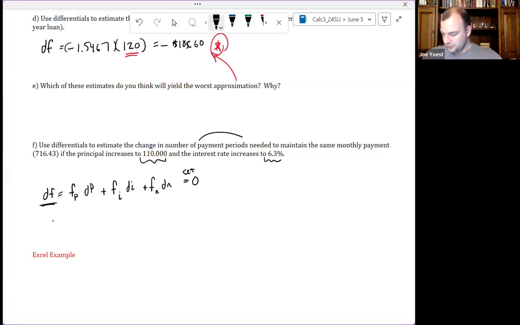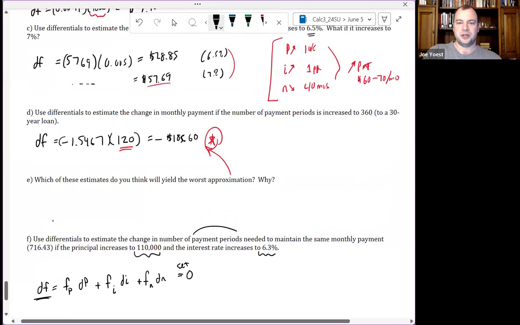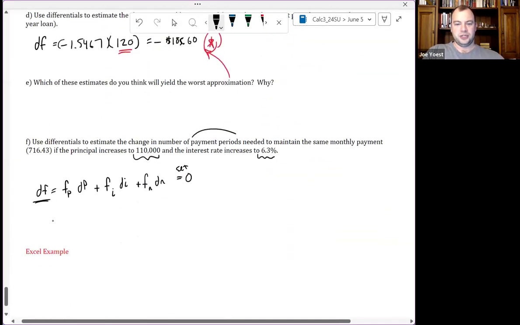I know that FP is, where was it up there? 0.0071.